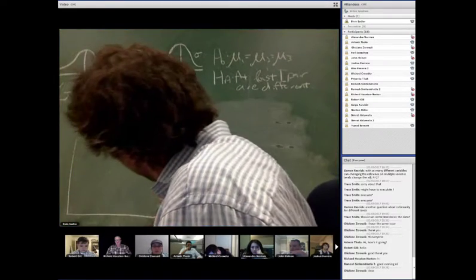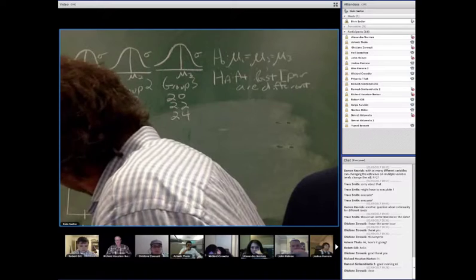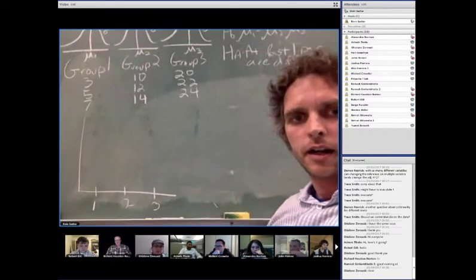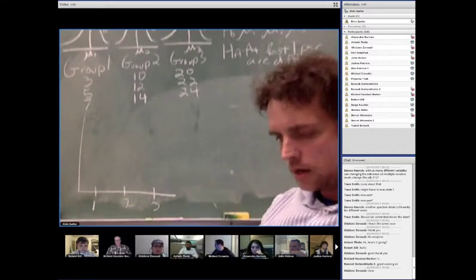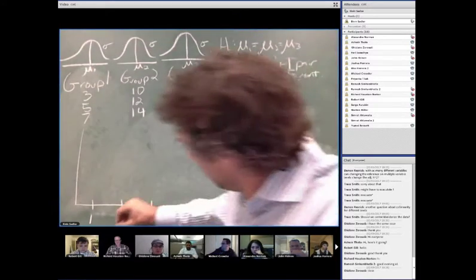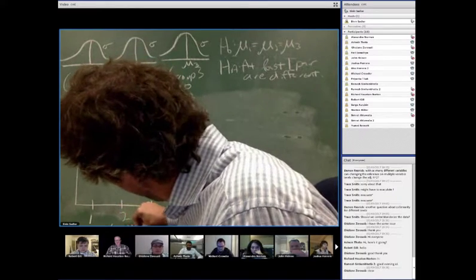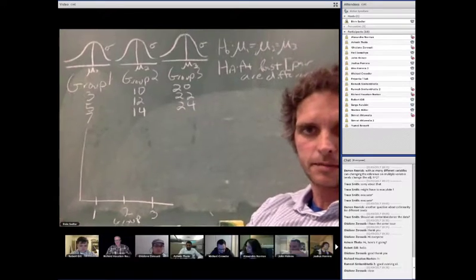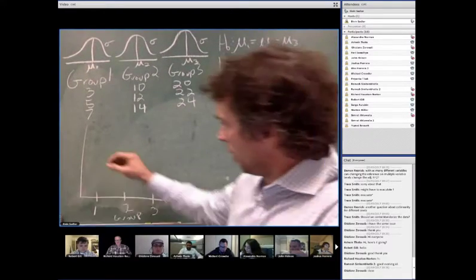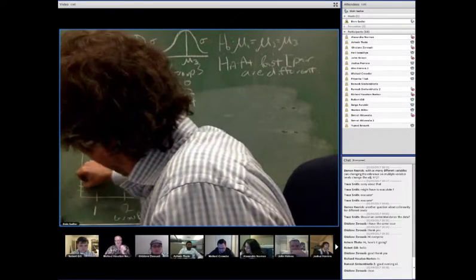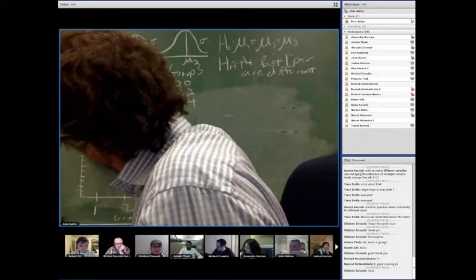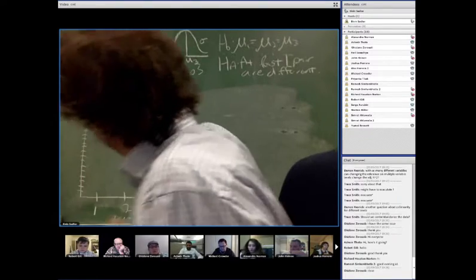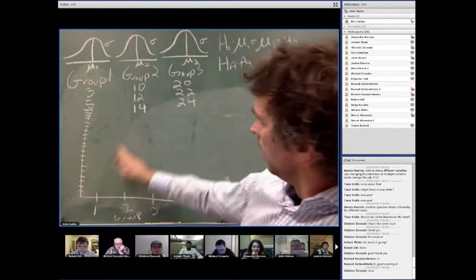I'm going to eventually build an ANOVA table, but for now I'm going to do it graphically. Let's just say I have my scatter plot here, and this is group, G-R-O-U-P. That's group 1, 2, and 3. And I plot them. So this is 1, 2, 3, 4, 5, and so on up to 20.